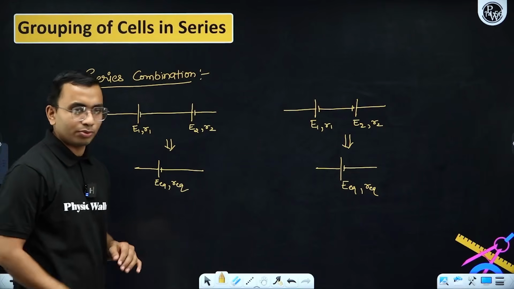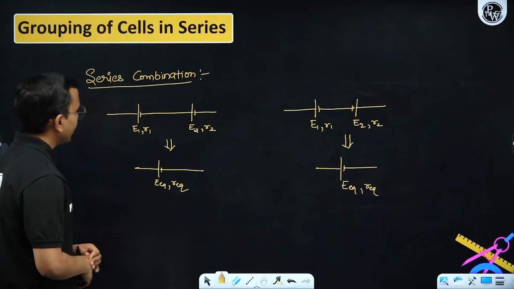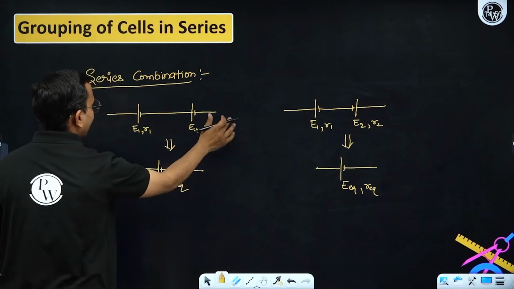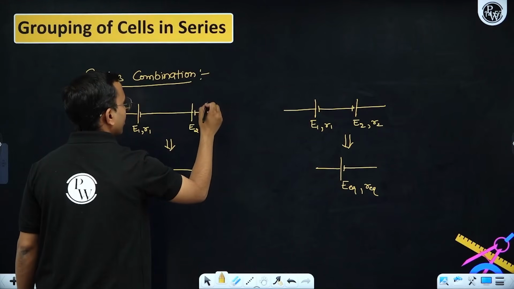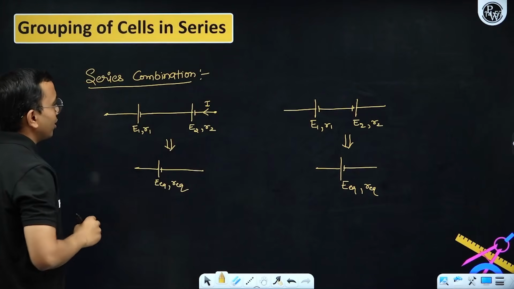This is what we need to do. Now if I write the equation, let us take current that is flowing as I in this particular direction.